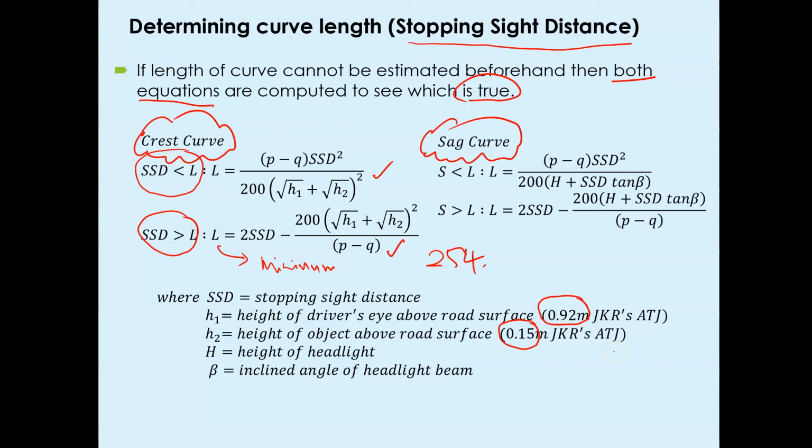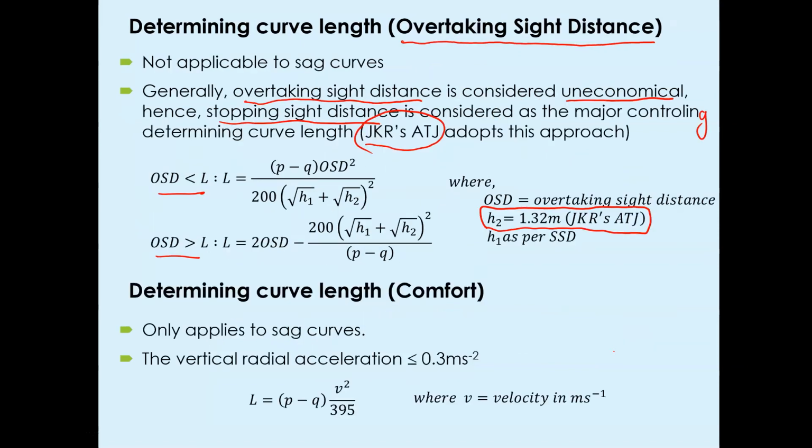So that's the standard. Different standards use different figures, but they're more or less similar. Coming back to overtaking now, H2 is to be a bit taller, a bit higher than H2 in SSD. In SSD it was 0.15.